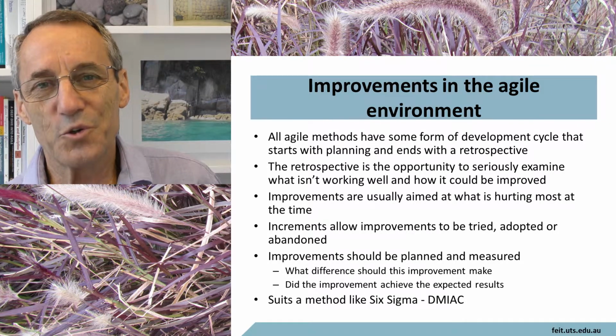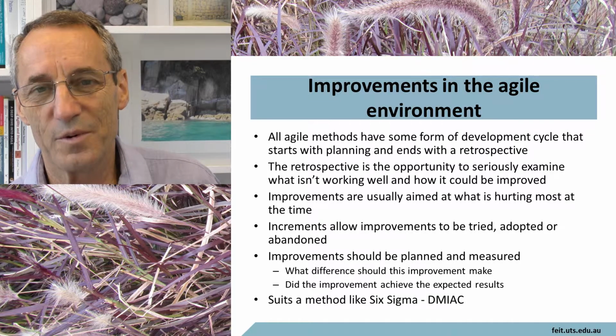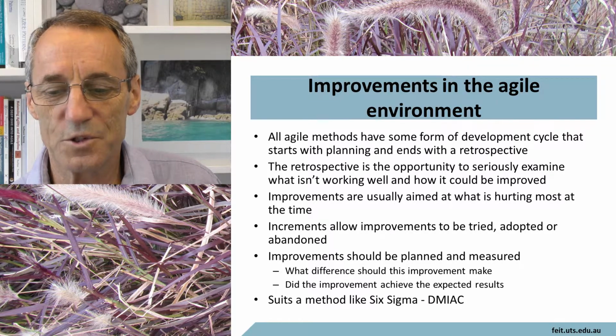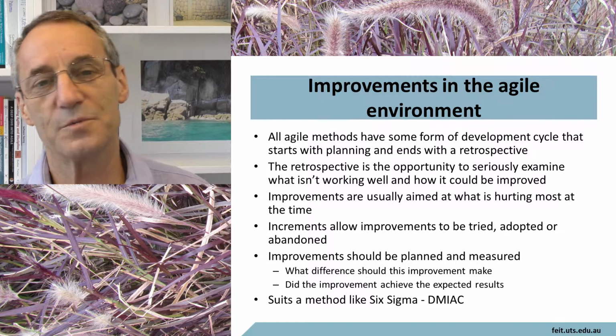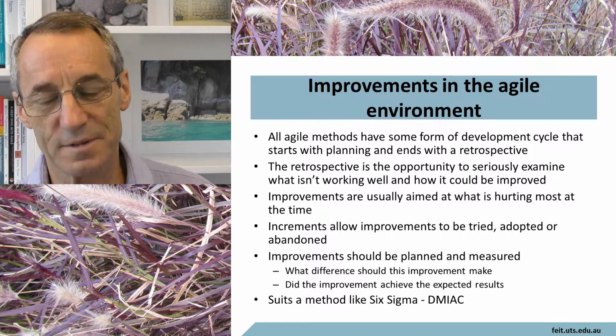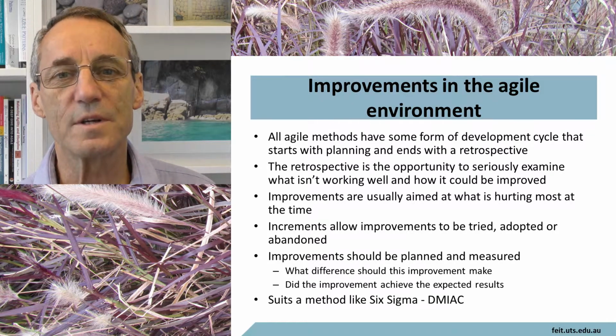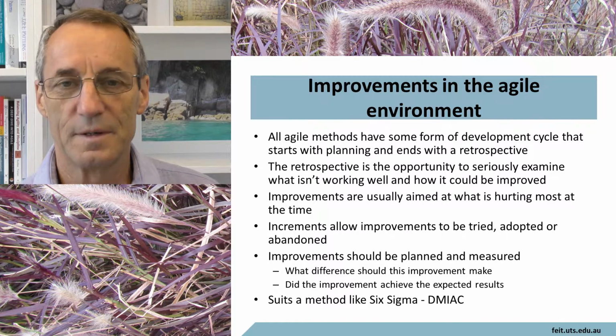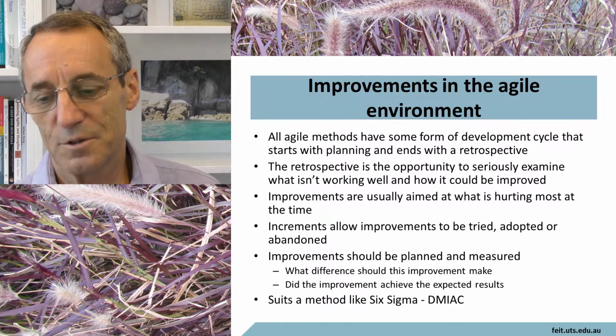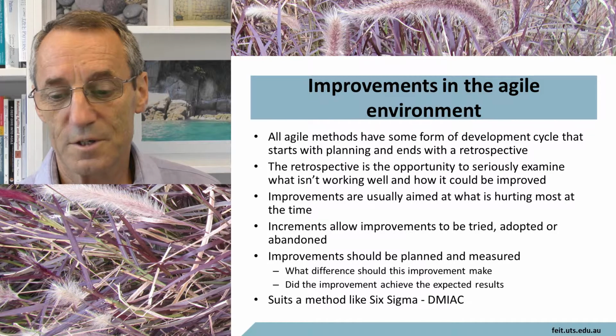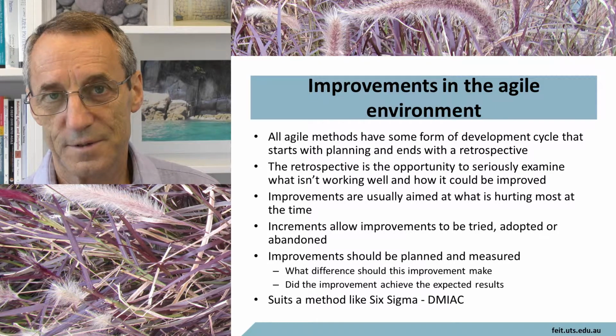Now, you should be able to say, with any improvement, what difference should this improvement make? If we put it in, let's have a hypothesis: if we do this, these things will happen. And then when you've done it, you should be able to say, well, did it achieve the expected results? Okay?